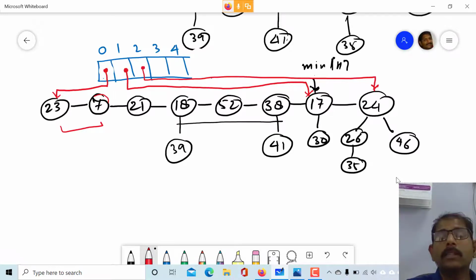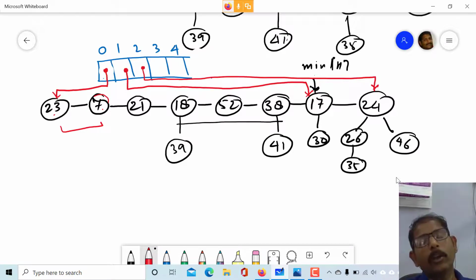This will be case 1, just like in the binomial heap. Here the binomial heap algorithm is applied. The binomial heap had 4 cases, and those cases will be applicable here also.